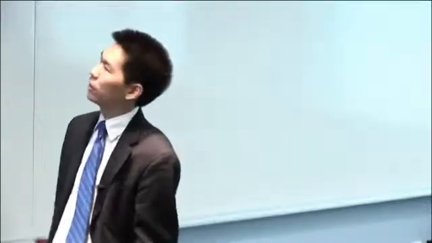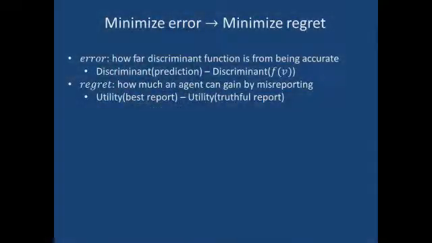If we're predicting the true target, then this error will be 0. These two terms will be the same, but otherwise this term will be positive. If we're making an incorrect prediction, there'll be a difference between the score of the prediction and the score of the target that we're trying to predict.